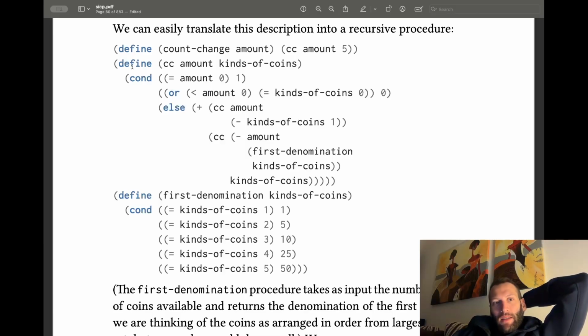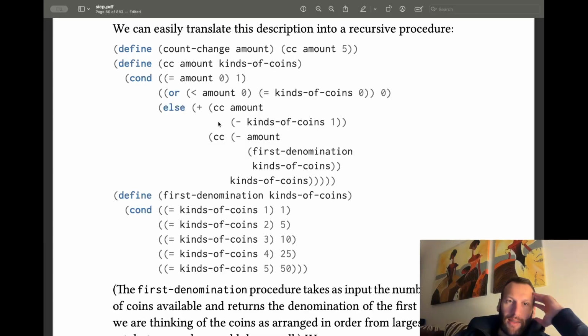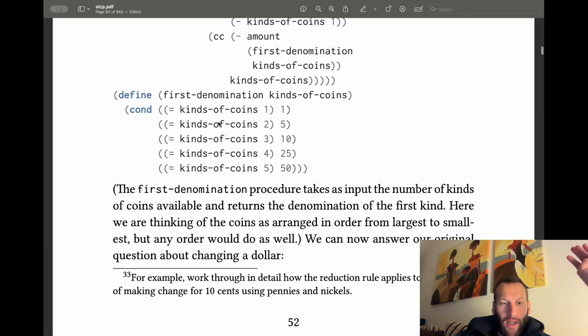Instead, I think that if we nest these helper procedures inside the main procedure, we can avoid specifying amount in the argument of this procedure. Let's see if the book says something in this direction.